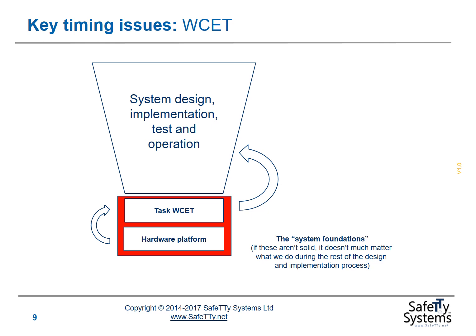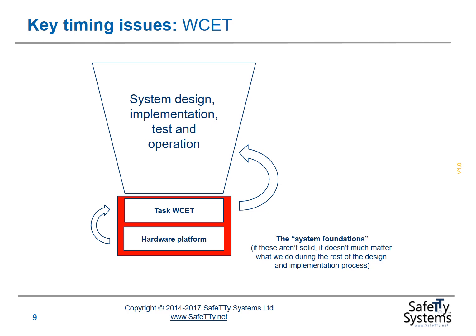It's important to be clear here that every real-time system relies on worst case execution time information. So we have a particular hardware platform and we have information about the task worst case execution time. These together are the foundations for much of the rest of the design.